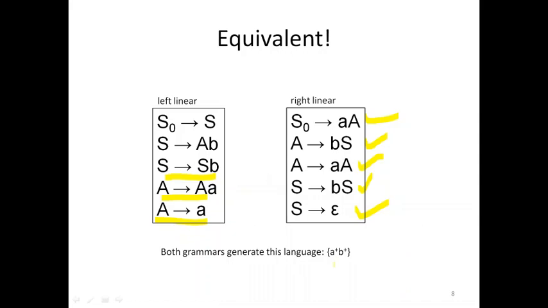Okay. So now we have generated an equivalent grammar for the left linear grammar. We have created an equivalent right linear grammar.